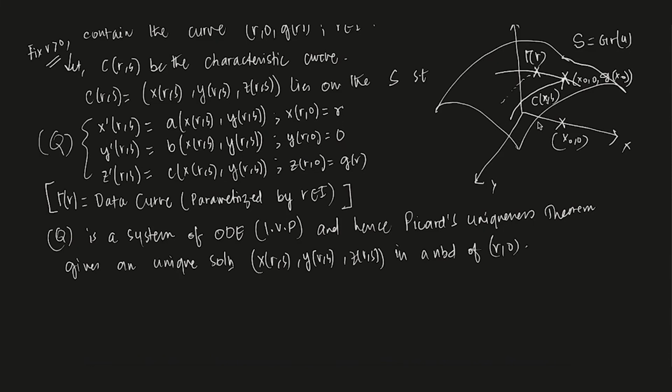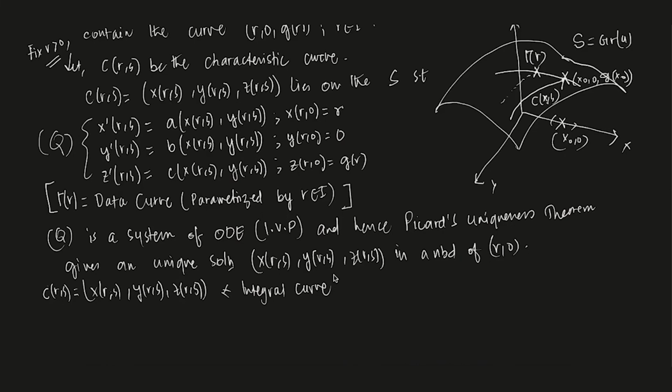So in a neighborhood of this point you get a unique solution. That solution, let's say x(r,s), y(r,s), z(r,s), is the curve C of r,s. This is the integral curve.